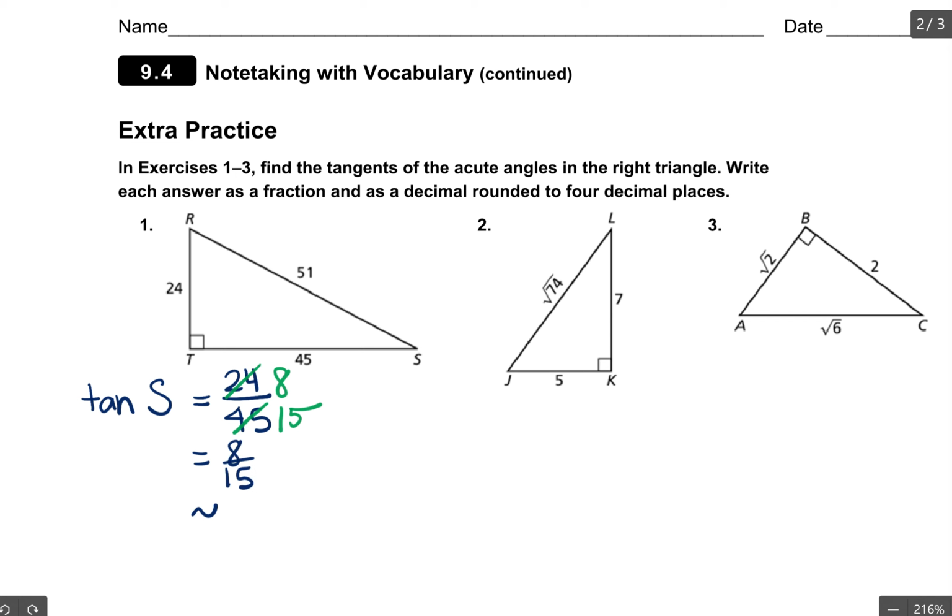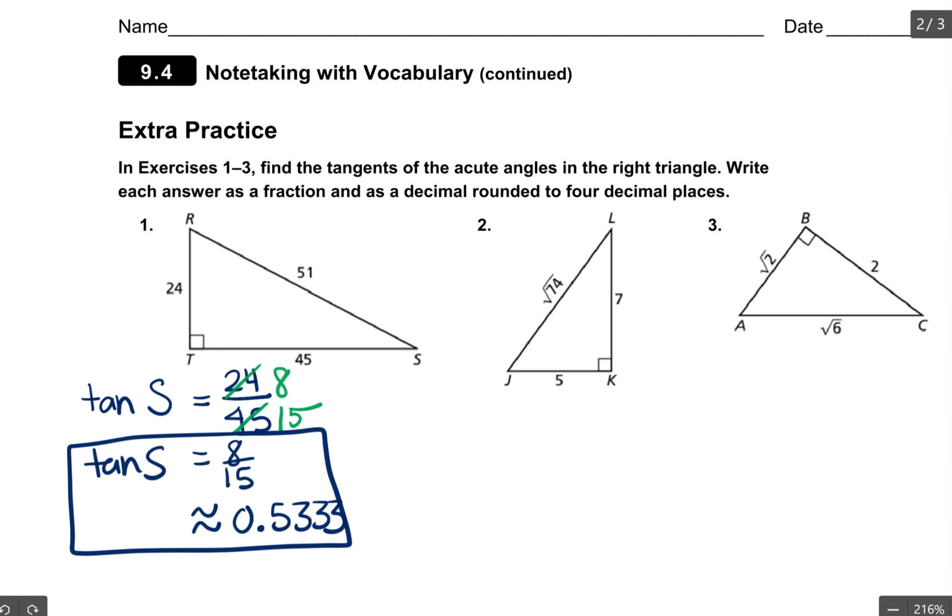And then it's approximately, make sure you're using the squiggly equal sign, type it into your calculator. It says 4 decimal places, so 0.5333. So the tangent of S is equal to 8/15, which is approximately 0.5333.